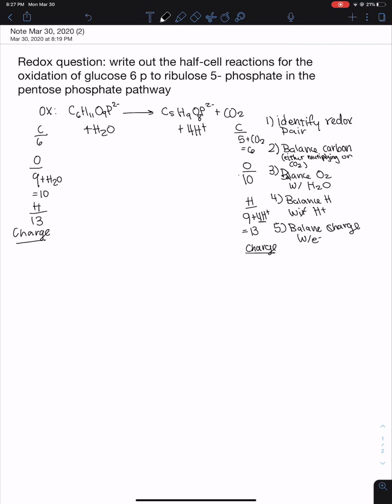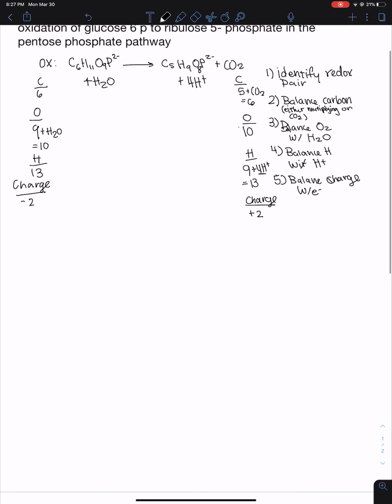This one has a charge of +2. This one has a charge of -2. So then I'm going to have to add 4 electrons to make this -2. So 4 electrons on this side.